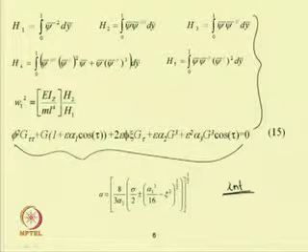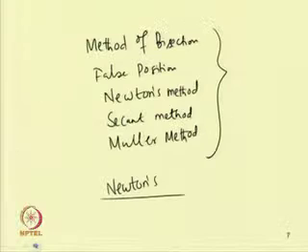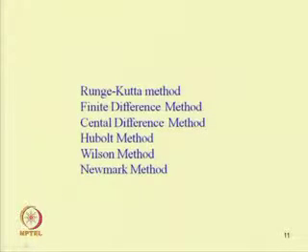Last class we studied the Runge-Kutta method, and in today's class let us see what other methods are available to study this type of ordinary differential equation. The Runge-Kutta method we have already studied. Then one can take the finite difference method, that is the forward, backward or central difference method.